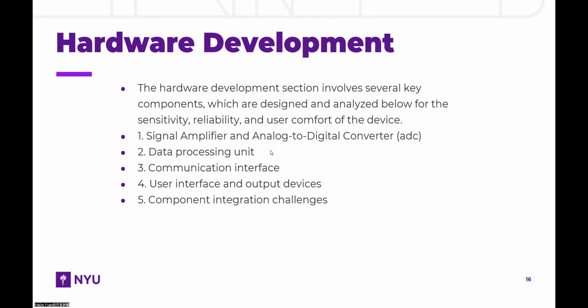The fourth is user interface and output devices. This is a key part of allowing the user to interact with BCI and receive feedback. Two sides of systems are divided here. The first is visual or auditory feedback systems.